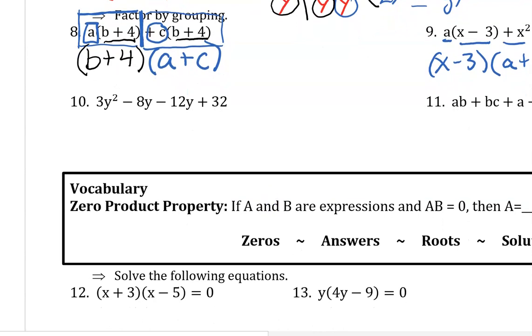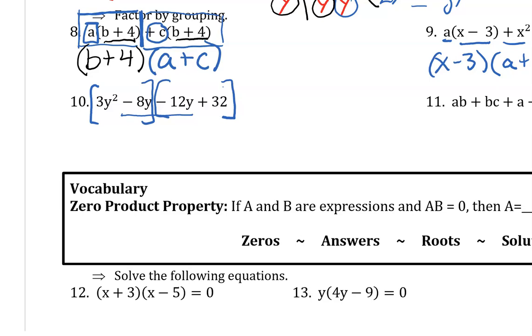Now to apply that. First we look at our expression and see if it's in the order that we want it. You'll see that we took the y term and split it into two parts. That's so that we can try to factor it by grouping. To do this, we'll take the first part, factor it, then we'll take the second part and factor it, and try to get out a common factor.